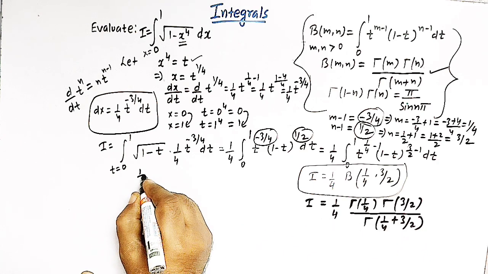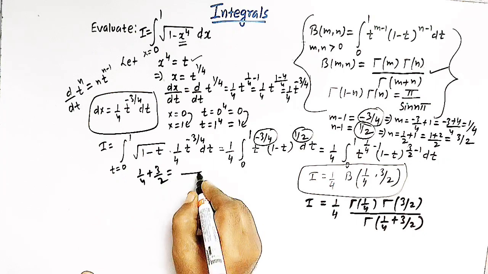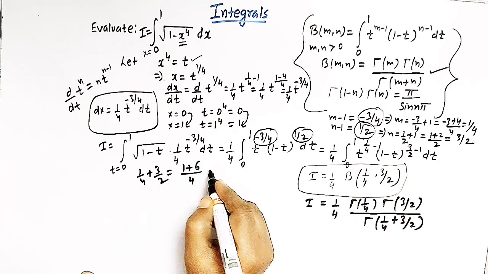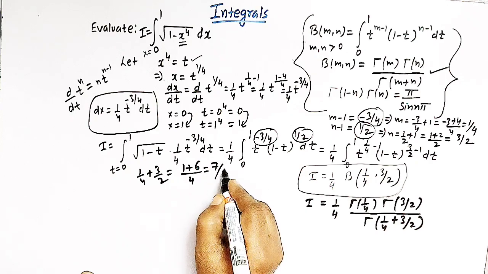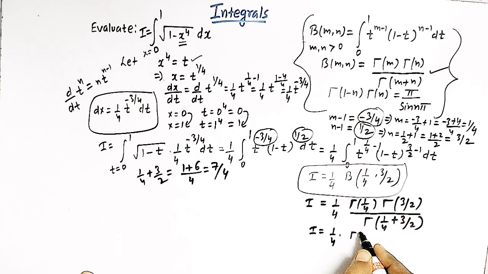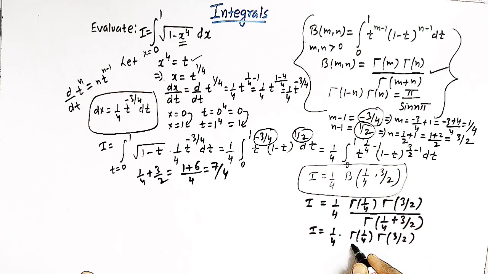Now 1 over 4 plus 3 by 2, taking the LCM 4, can be written as 1 plus 6, so this is 7 over 4. So now we can write this integral I as 1 over 4 gamma 1 over 4 times gamma 3 by 2 divided by gamma 7 over 4.